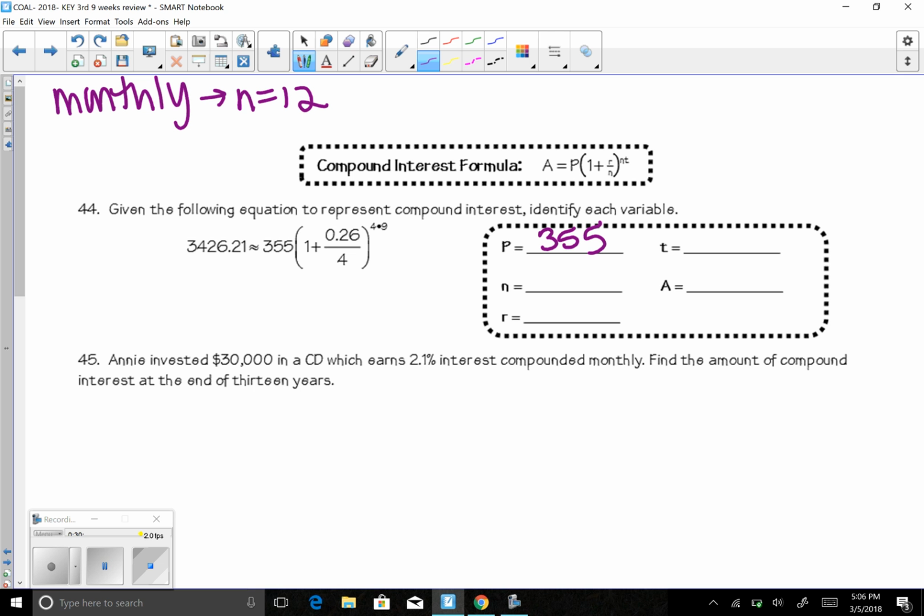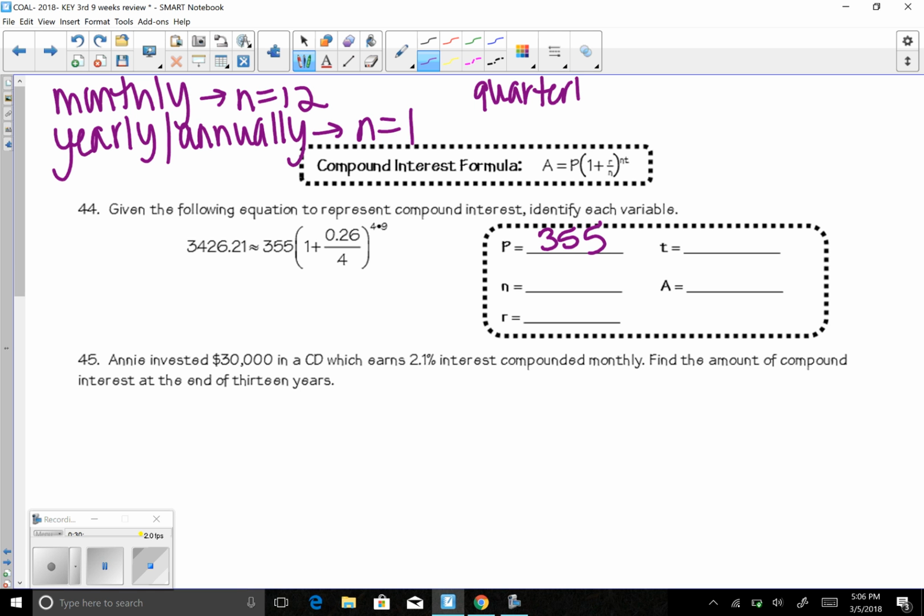You could compound yearly, or another word for that is annually. That means N is 1, once a year. Quarterly. That means N is 4. Weekly. That would be N is 52 because there are 52 weeks in a year. You always think in terms of a year.